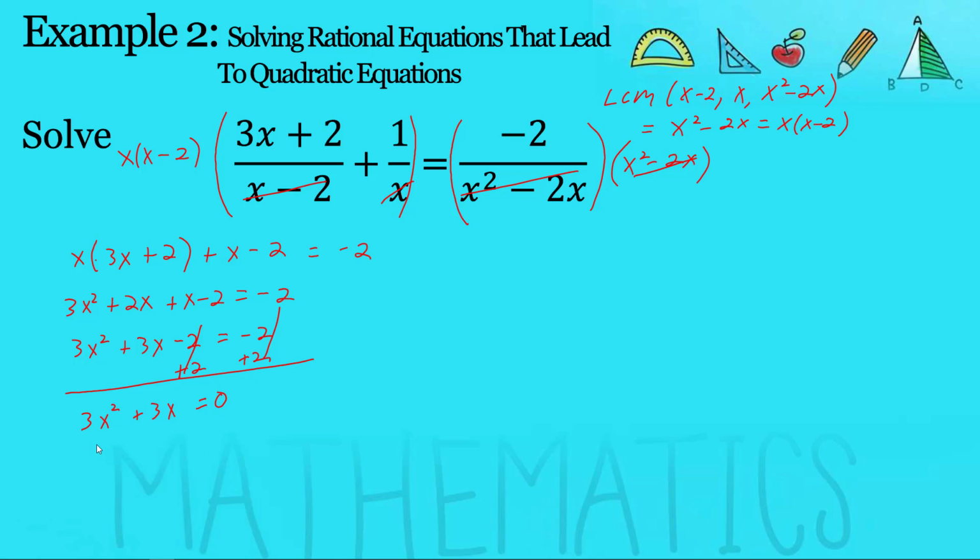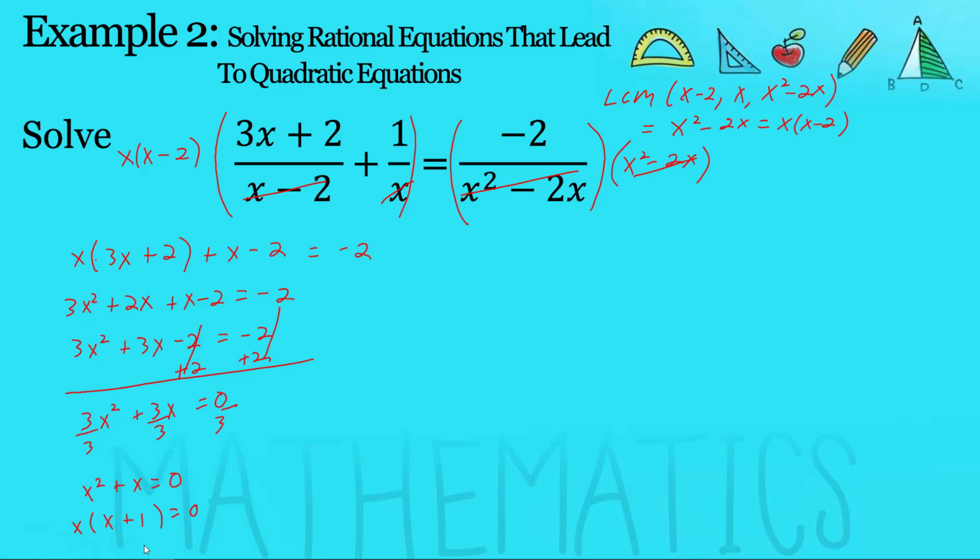And of course I could divide out the 3, and that will give me x squared plus x is equal to 0. And notice here I have a common factor of x, so I can factor that out, and that will give me x times x plus 1 is equal to 0.